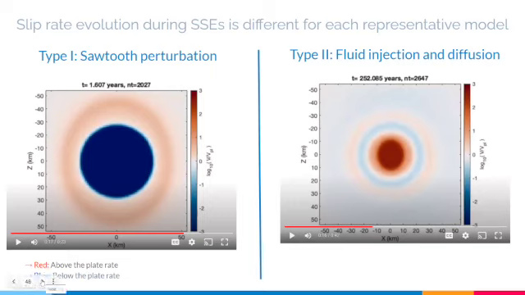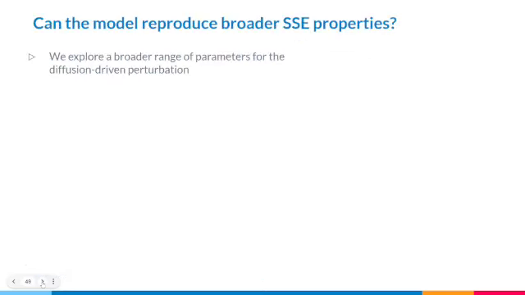Once we found these models, we wondered whether our modeling approach could reproduce broader SSE properties. To test that, we explored a broader range of parameters of the second type of perturbation, the diffusion-driven one.